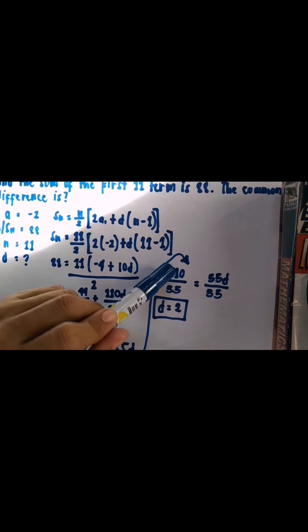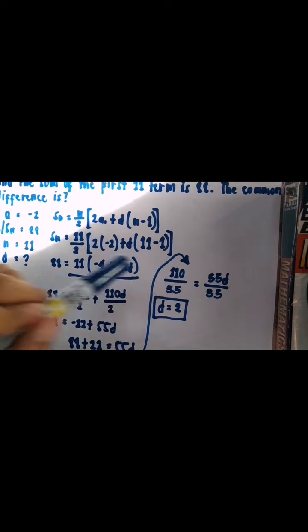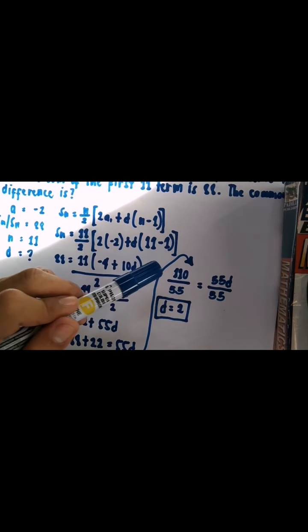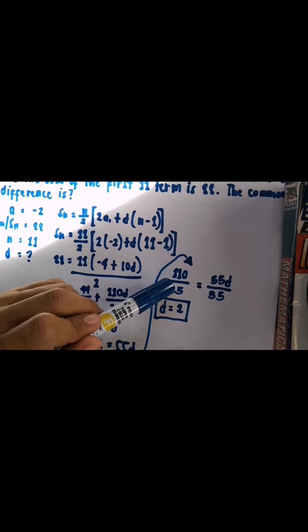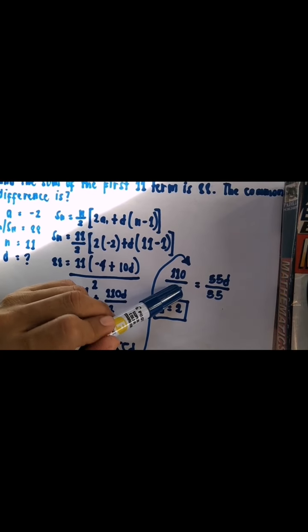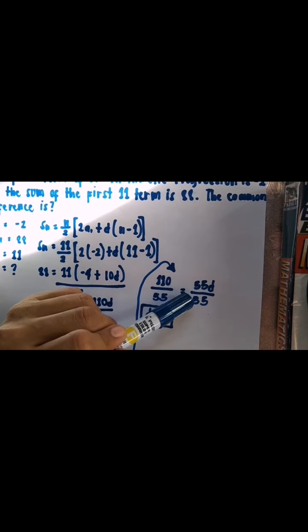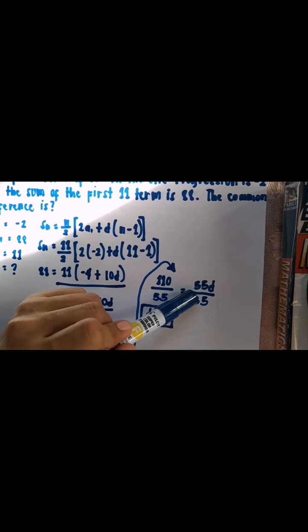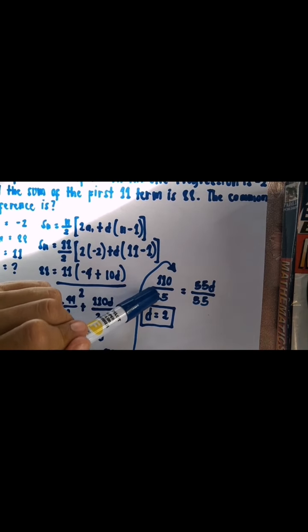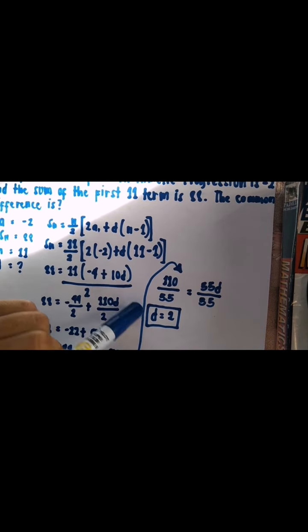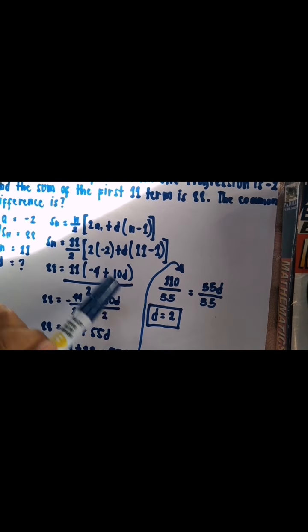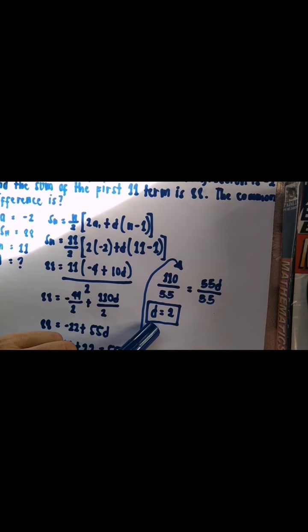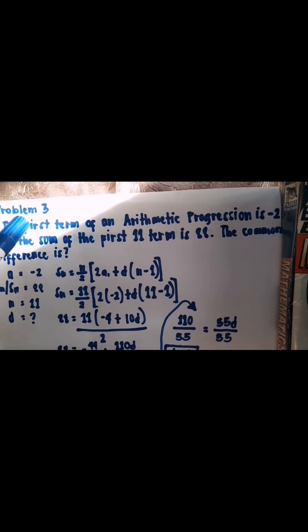The 110, we divide it by 2, it becomes 55. Then 55D divided by 2. So the answer for the common difference D is equal to... So here's our answer for problem number 3.